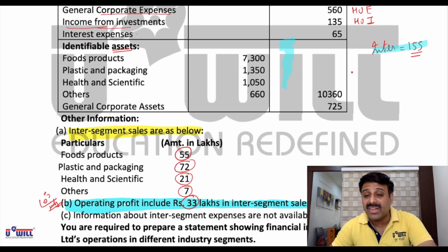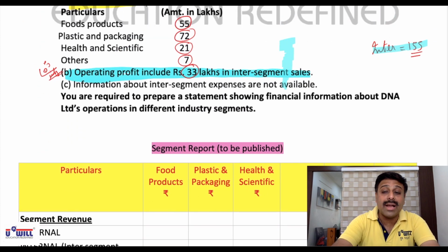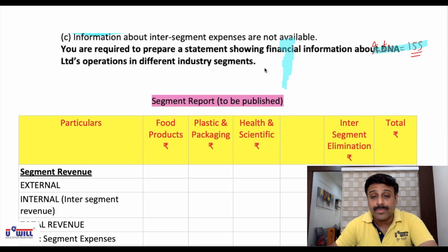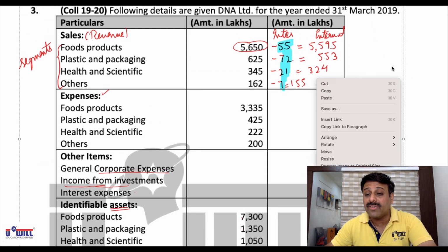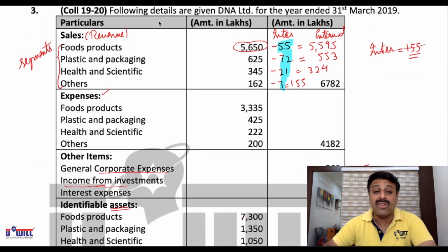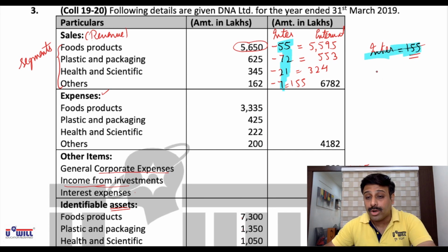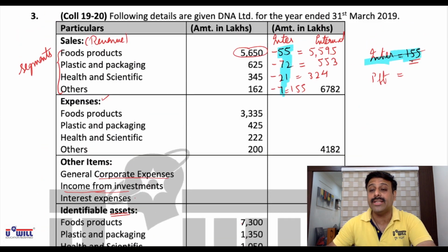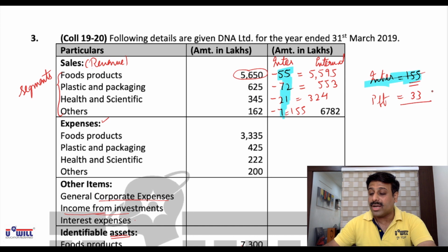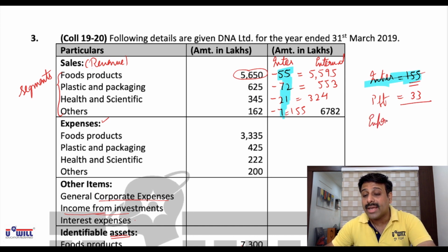Now out of 155 inter-segment revenue, you are earning a profit of 33. Out of 155, if you are earning a profit of 33, that means what would be the cost or expense of those goods? 122.